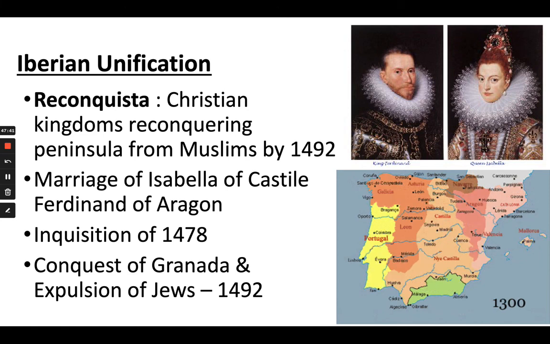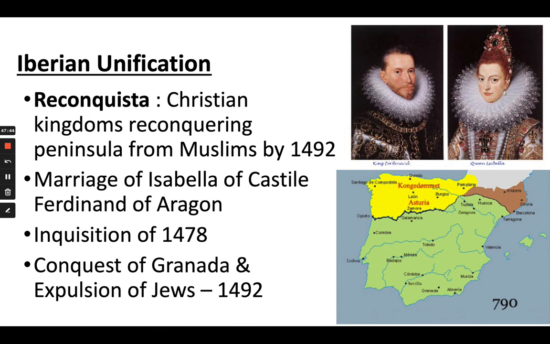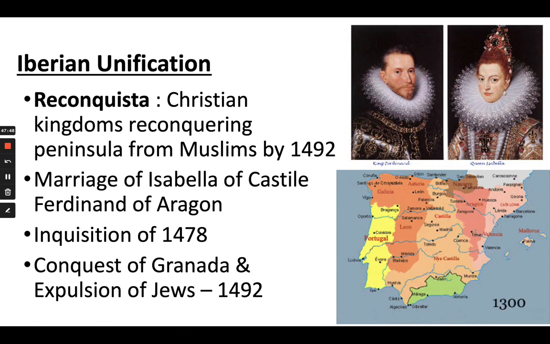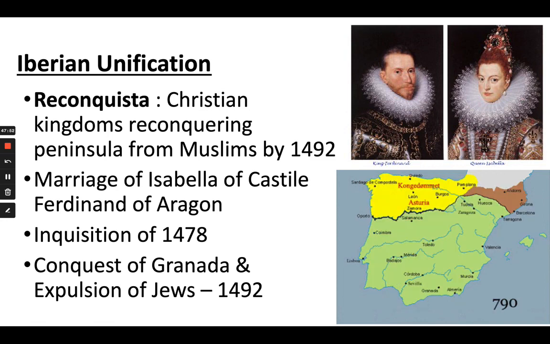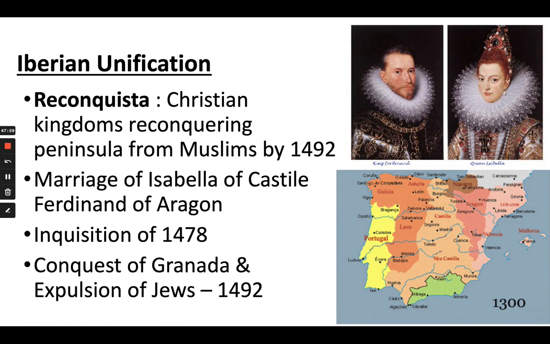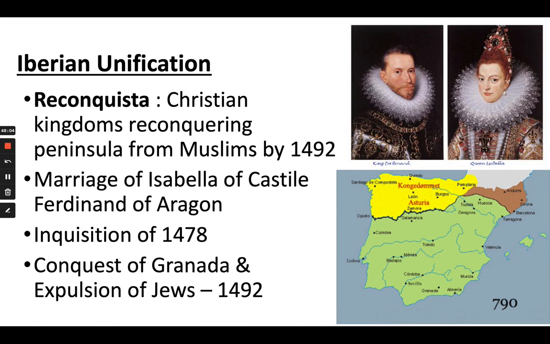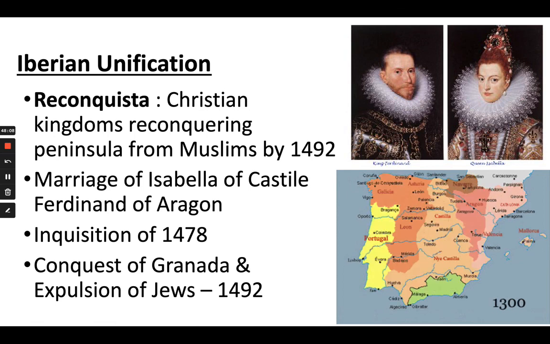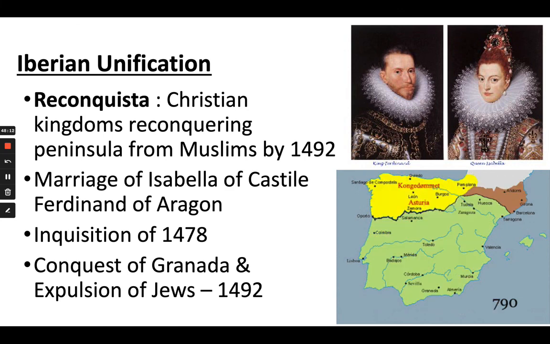So when a dude named Columbus shows up in Madrid and is like, I want to go and find a new route to China because, screw the Ottomans, Isabella is like, yes, absolutely. I want access to this wealth, and I hate the Ottomans because they destroyed Constantinople. Also, they might conquer us at any time by sailing across the Mediterranean. This was a huge fear. And thus, you have the discovery of the Americas in 1492.